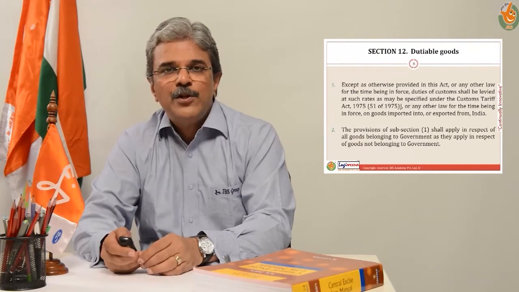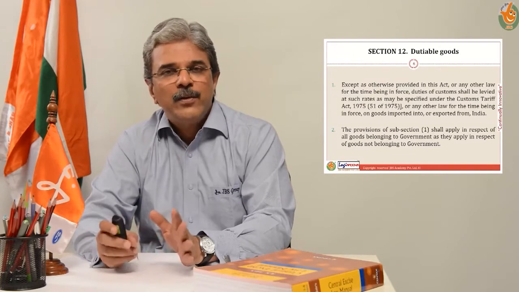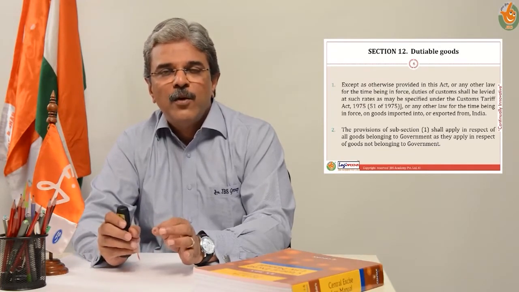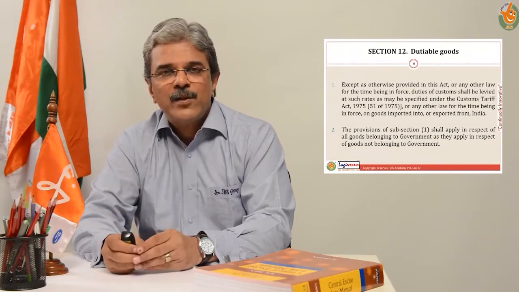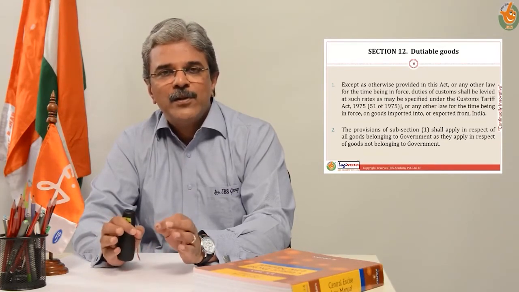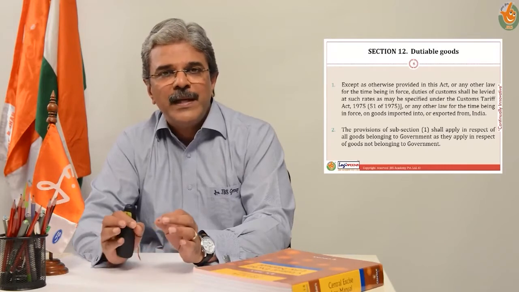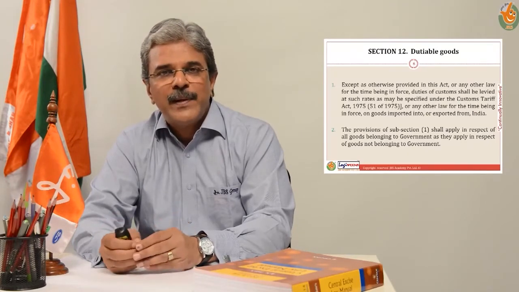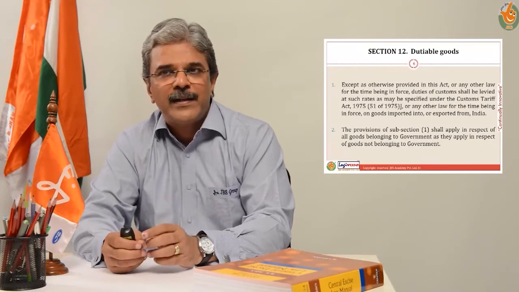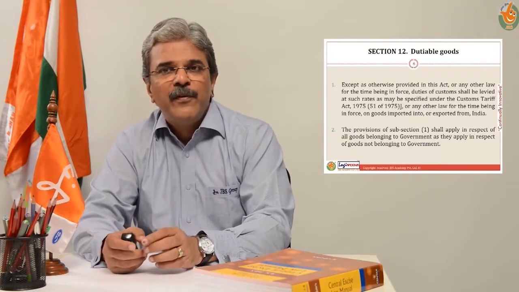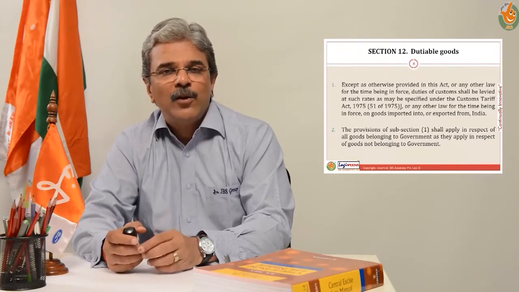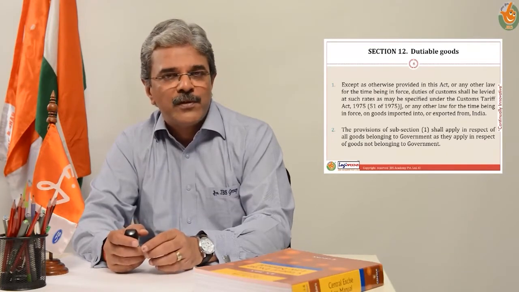Section 12, dutiable goods. Any goods that come into the country are to be levied to customs duties. What does section 12 say? Section 12 says that any goods which enter into the country shall be levied to duties at the rates as specified under the Customs Tariff Act 1975, 51 of 1975, or any other law for the time being in force.